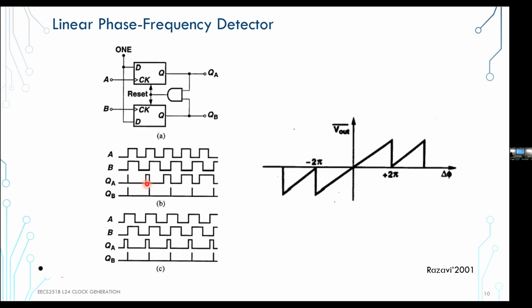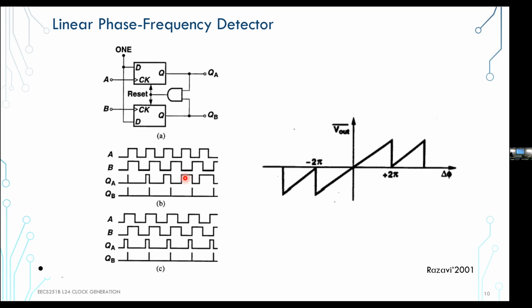So in this case, what you see is that we have not only a phase error, but we have a frequency error between the two signals. You see that this period is larger than this period of A. So as you move on from clock cycle to clock cycle, this difference between the two pulses becomes wider and wider.